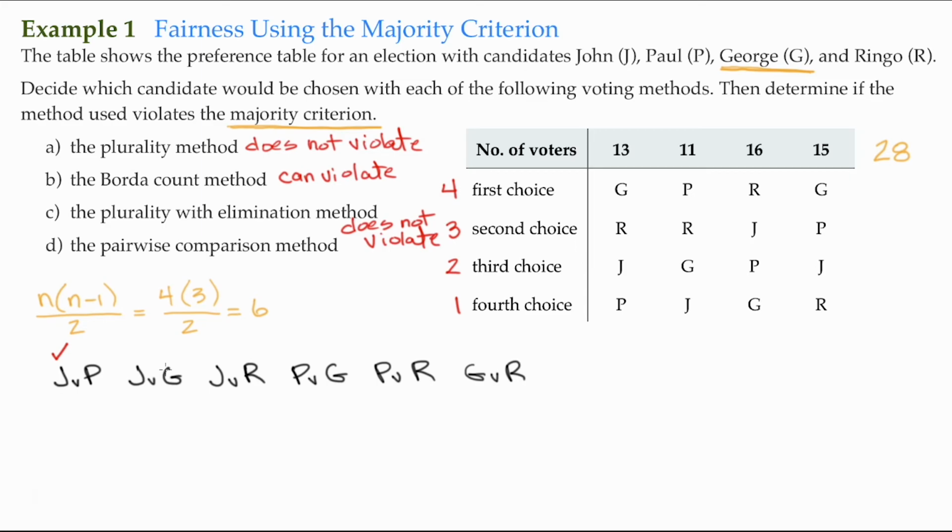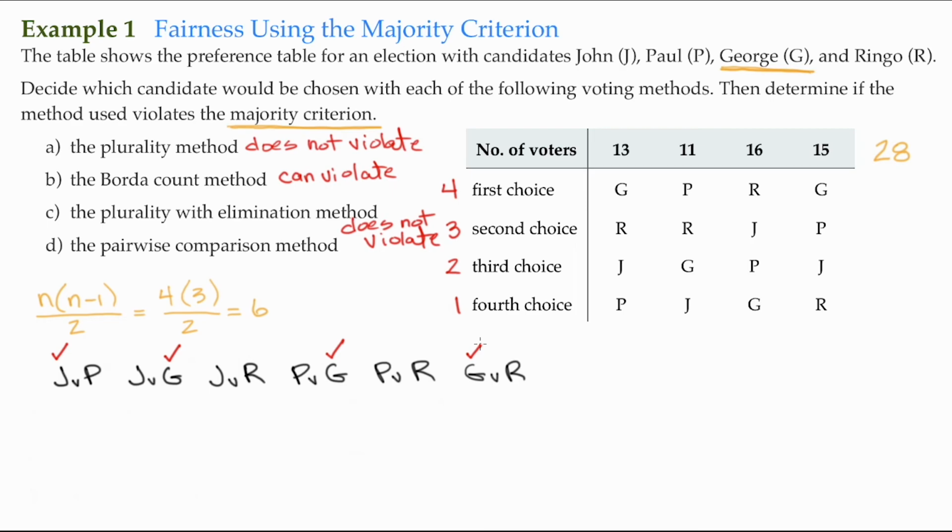Now we know George has the majority. So George will always be higher than whoever they're ranked up against. So I'm just going to go ahead and put a check under George. We could also see that George is going to be higher than Paul because George has a majority. And then George versus Ringo here.